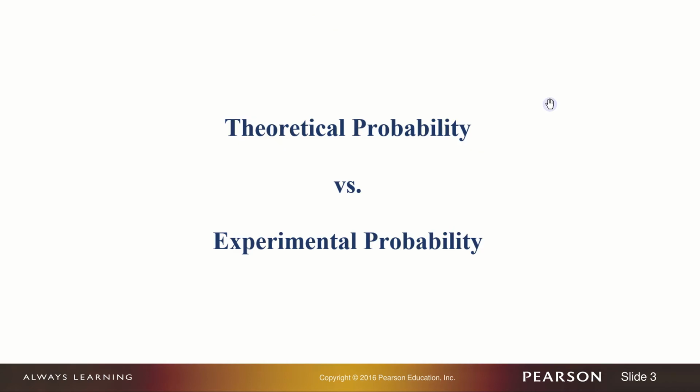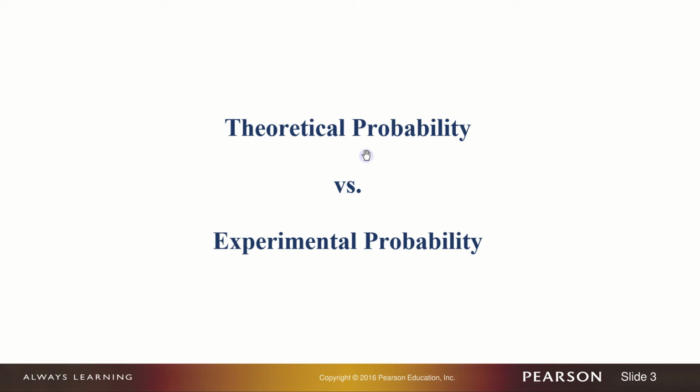The first thing we need to understand, and what actually confuses a lot of people, is the difference between theoretical probability and experimental probability. Well, theoretical probability is utilized when you know the exact number of favorable outcomes of a procedure, as well as the total number of possible, what we call simple outcomes of the procedure.